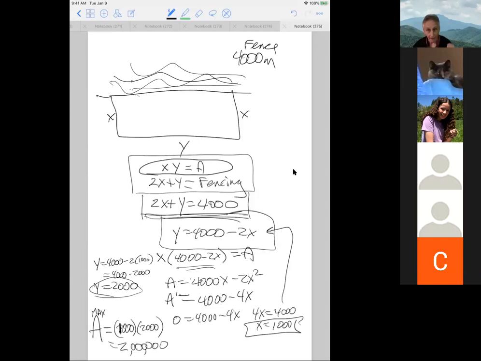And what were we talking about in the problem? Meters. So we've got 2 million meters squared is the answer. Max area equals that. And if it's asking you for the dimensions, then one dimension equals 1,000 meters, and the other dimension is equal to 2,000 meters.